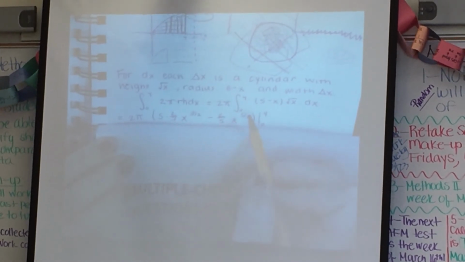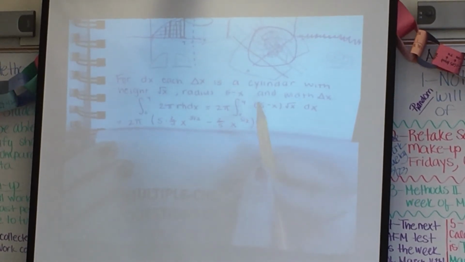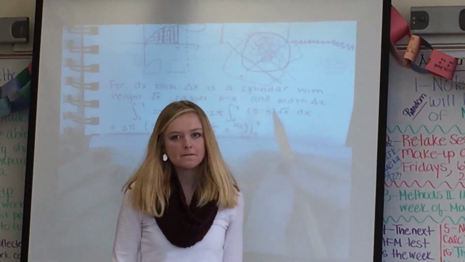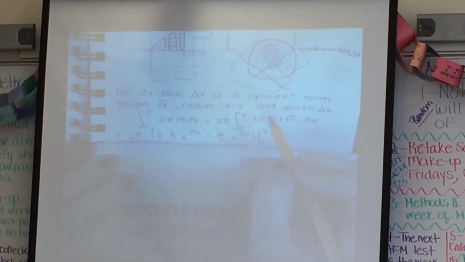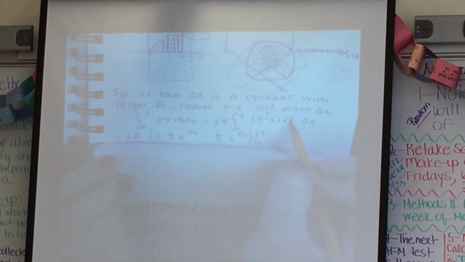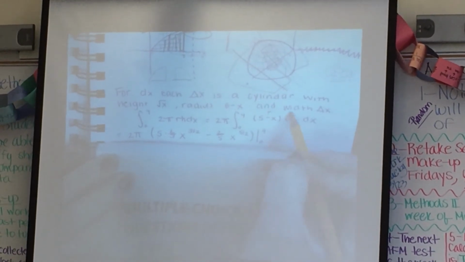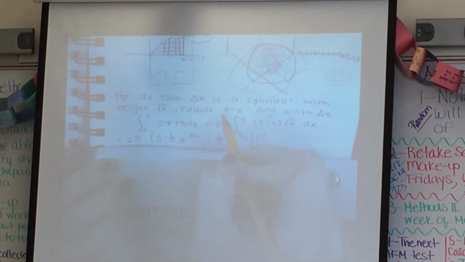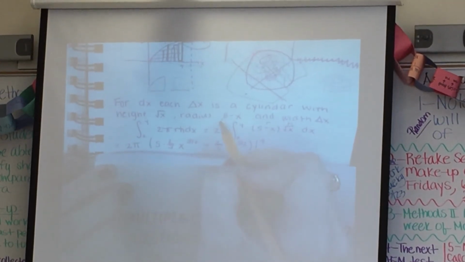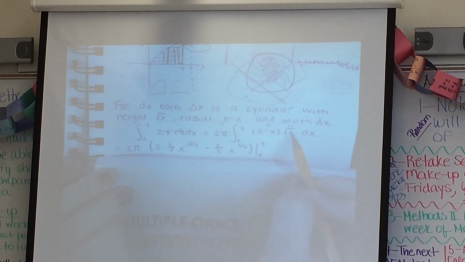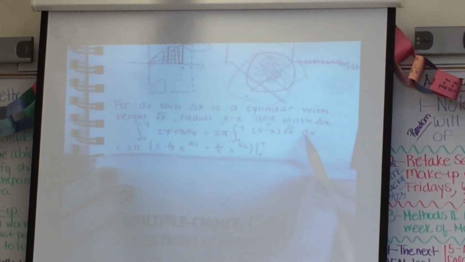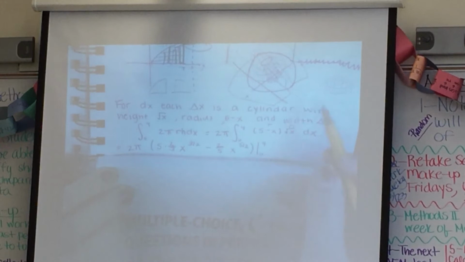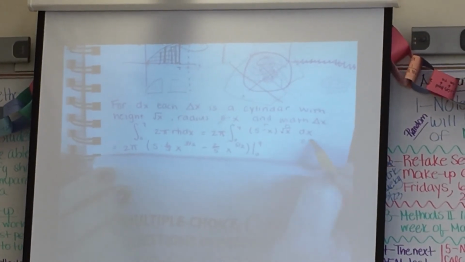We're going to put on our bounds, which go from 0 to 4. We're going to take our function, which is going to be 5 minus x here for r, and then the height is going to be radical x. So we have the 2 pi, which comes from the formula, and then we have r h dx. Does this make sense to everyone? For the formula 2 pi r h.